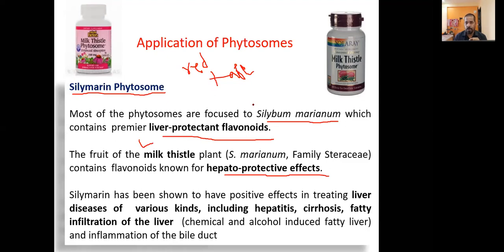Milk thistle phytosome consists of the silymarin phytosome. Okay, you can see on the label it has shown enhanced absorption, and here it is shown a guaranteed potency, but this is used as a dietary supplement. Okay.